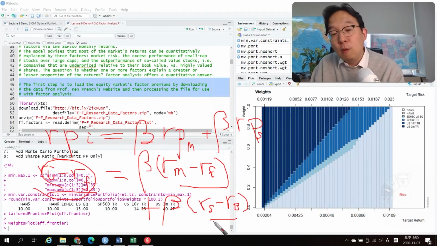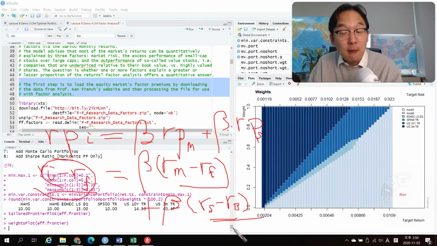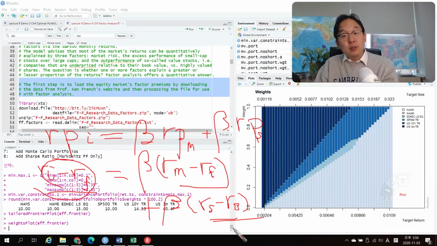And then over here, what do you do? A long position in small companies and a short position in big companies. SMB, the size factor, is this one. Yes, we are all taking long-short positions. All these arbitrageurs take these long-short positions, and they enforce the law of one price, no arbitrage. Otherwise, there will be arbitrage opportunities.